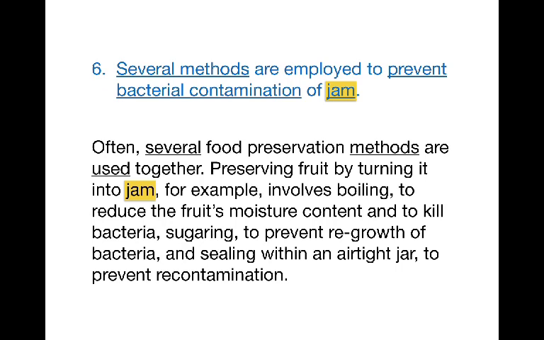Preserving fruit by turning it into jam, for example, involves boiling to reduce the fruit's moisture and to kill bacteria, sugaring to prevent regrowth of bacteria, and sealing within an airtight jar to prevent recontamination. There's definitely more than one method for killing bacteria mentioned there, or preventing bacterial contamination.